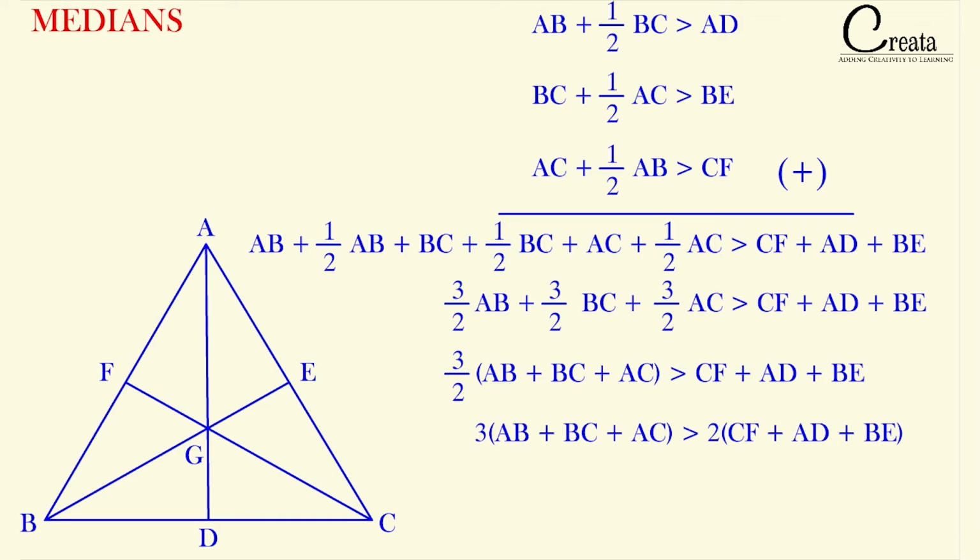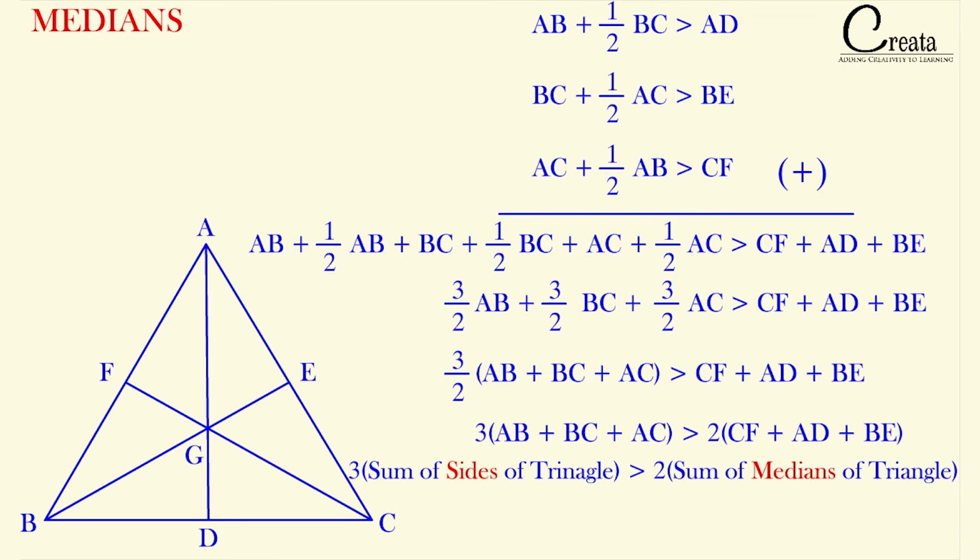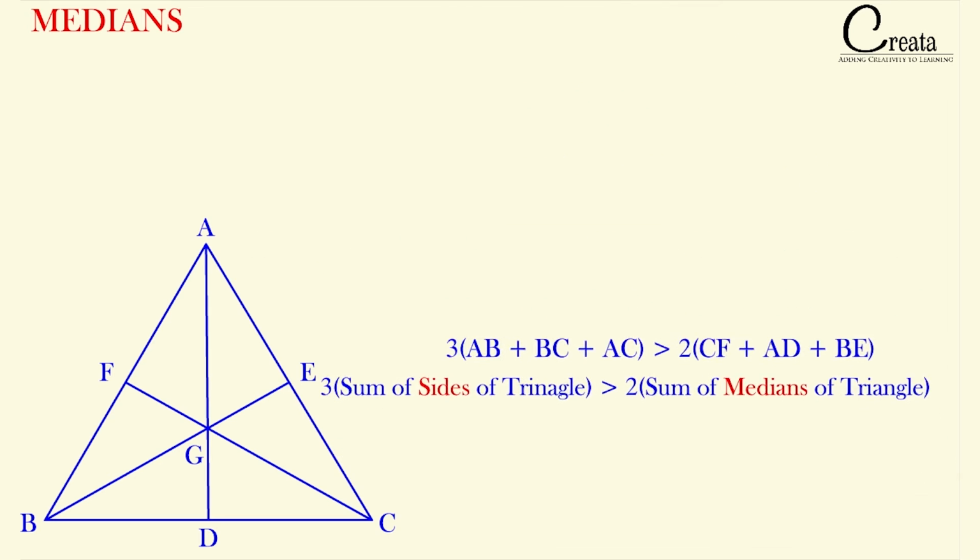Which means that 3 times the sum of the sides of a triangle is greater than 2 times the sum of the medians of the triangle. Here AB, BC and AC are the sides of the triangle and CF, AD and BE are the medians. This is again an important relation.